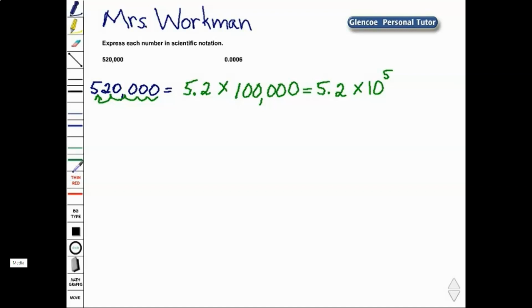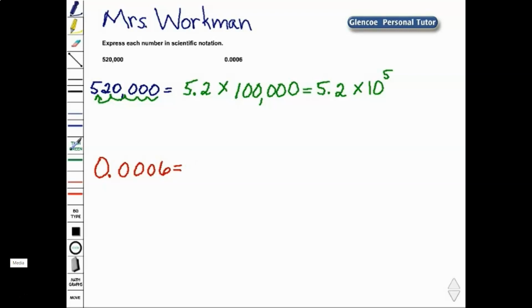All right, let's look at our second example. 0.0006, which is 6 ten-thousandths. And we're asked to write this in scientific notation.